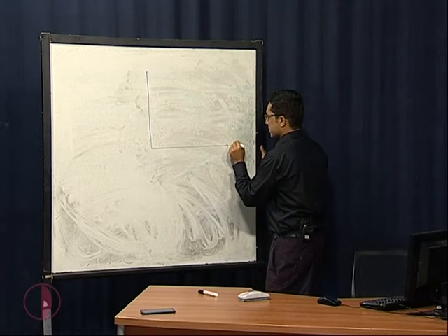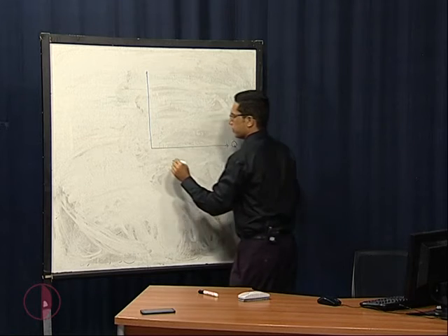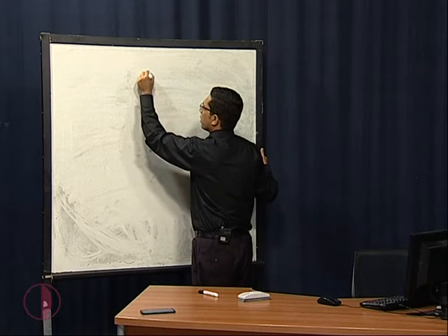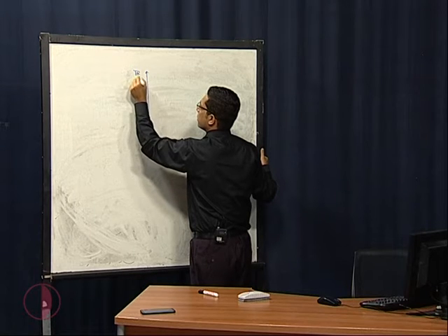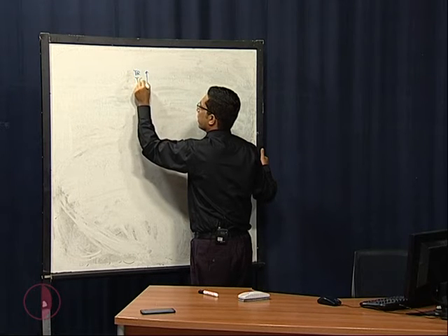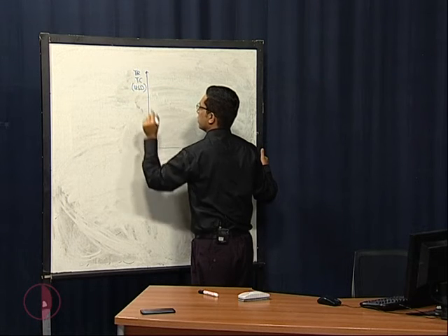On the x-axis, the horizontal axis, we have Q. Here we have total revenue and total cost in US dollars.